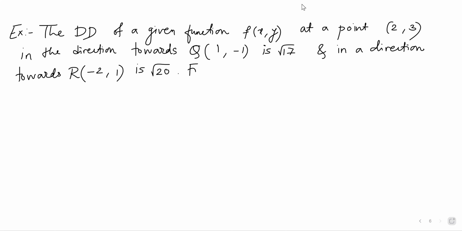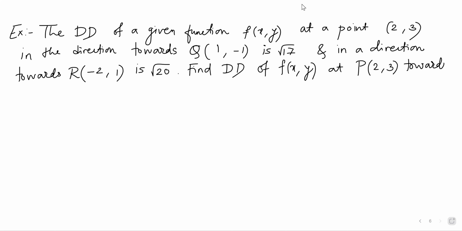The question is to find the directional derivative of f(x, y) at the point P (2, 3) towards the point S (6, 2). Now here, actually, f(x, y) is unknown.